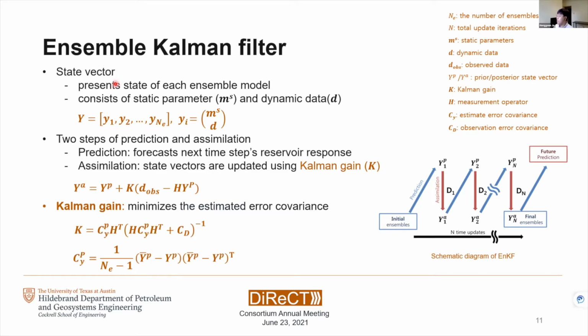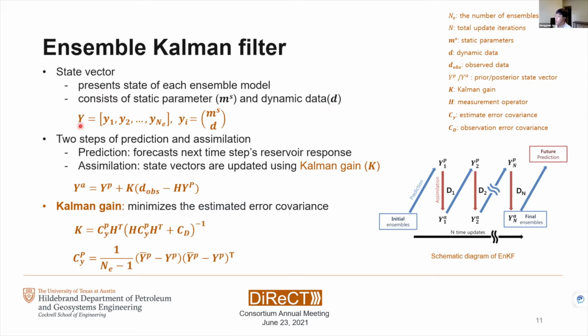And in the Ensemble Kalman filter, we represent each realization with a state vector. Each state vector consists of static parameters and dynamic data. Static parameters are the porosity or permeability, which don't change over time. And the dynamic data can be a production estimate from the wells or saturation or pressure, which are time dependent.